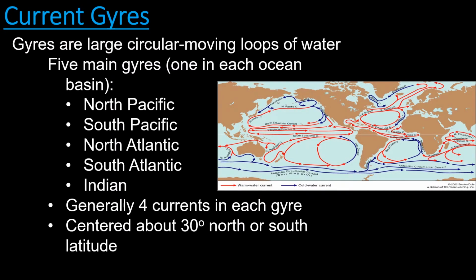So let's talk about current gyres. So gyres are large circular moving loops of water. And there are 5 main gyres, one in each ocean basin. You have the North Pacific, the South Pacific, North Atlantic, South Atlantic, and Indian.